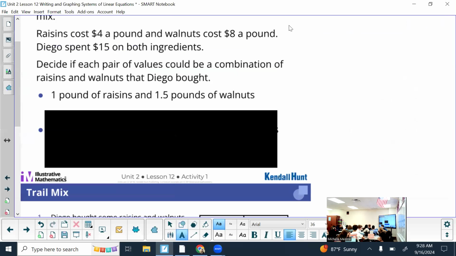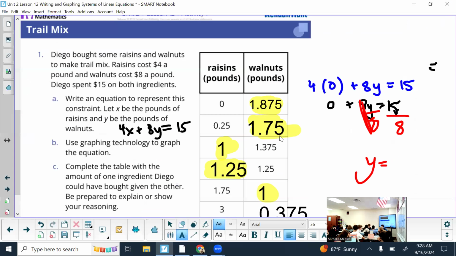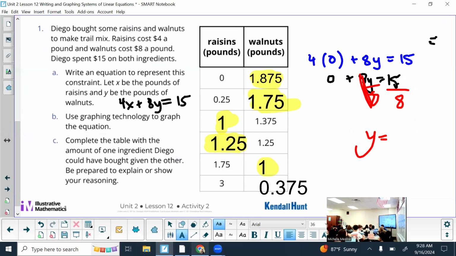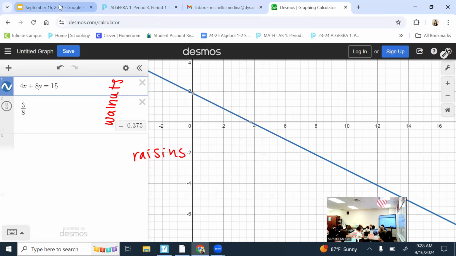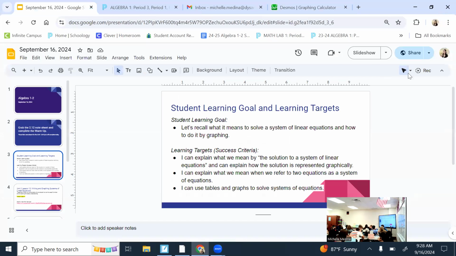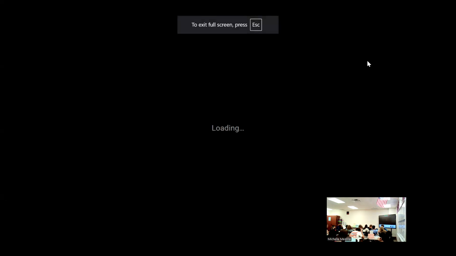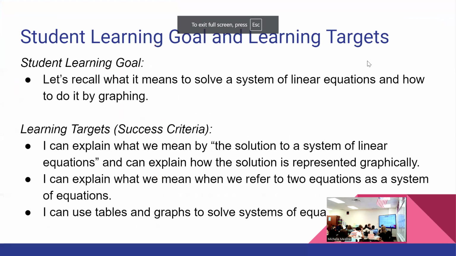Okay, we're going to take a moment and go over the learning targets before we do the next part. Because if I was doing this lesson on a Tuesday, then I might not have done it at all. Because Monday's a short day, it's really hard to squeeze in a lesson, so that's why I kept it.